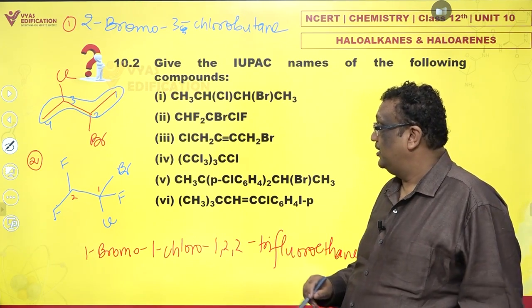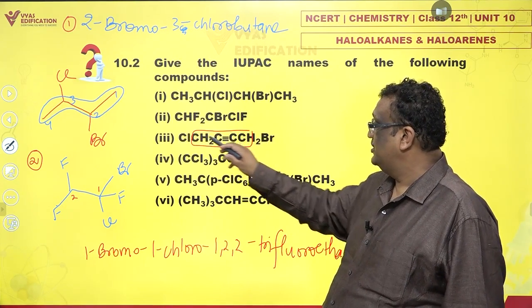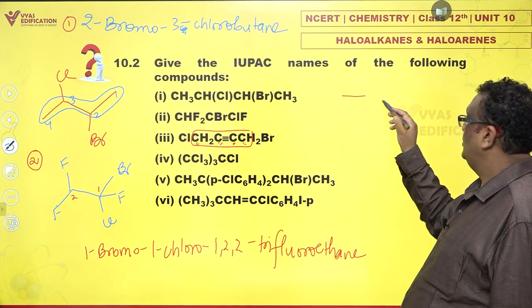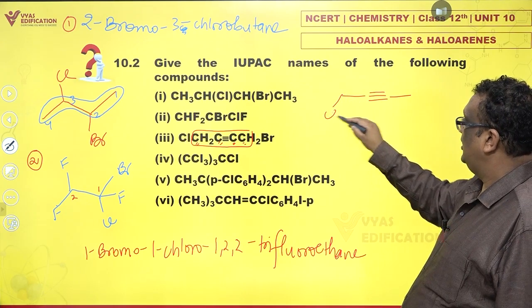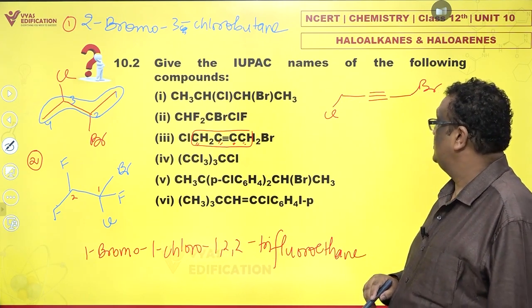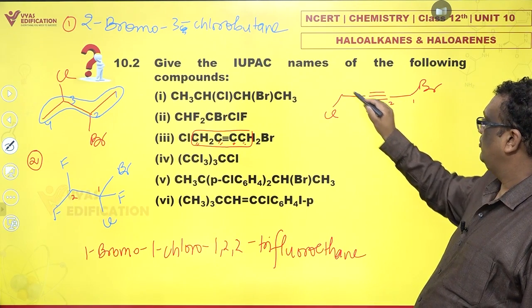And now the third part, it says Cl, CH2, C, CH2. This is carbon chain. How many carbons? 1, 2, 3, 4. And I have a Cl here and I have a Br here. Right? This is the way it is. How do I name it? Again, simple enough. 1, 2, 3, 4.